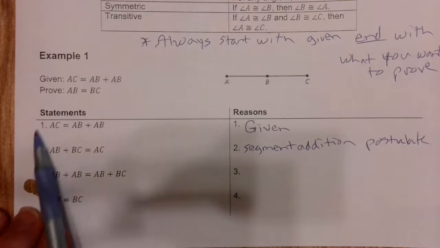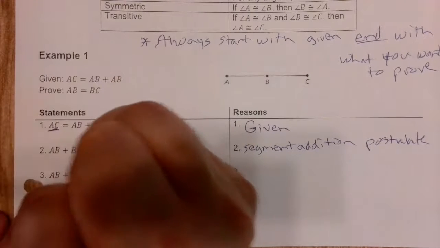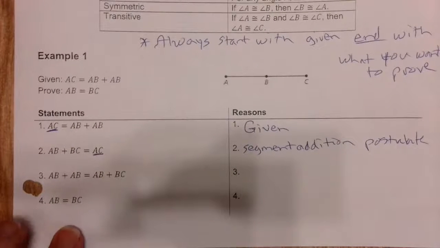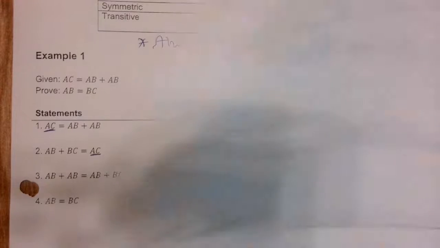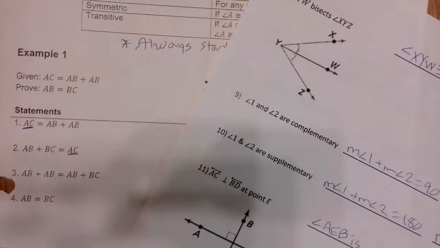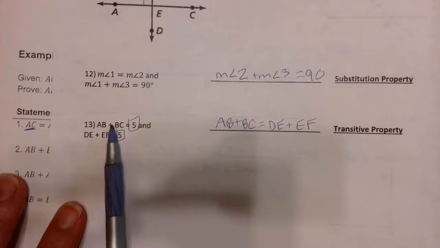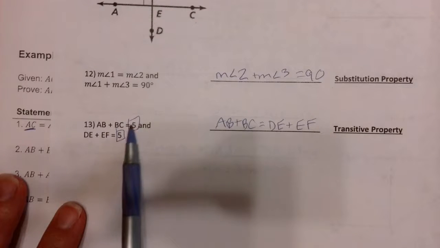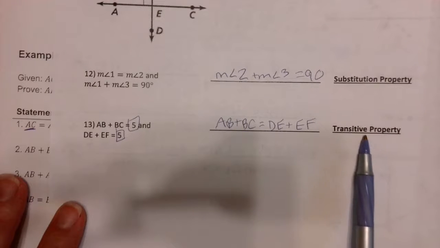Do you see anything special going on with line 1 and line 2? Look. Right there. Do you see they're both equal to AC? Did we have anything on the Train the Brain worksheet where we had two equations and they were both equal to the same thing? This is the transitive property. That's what we're going to use.